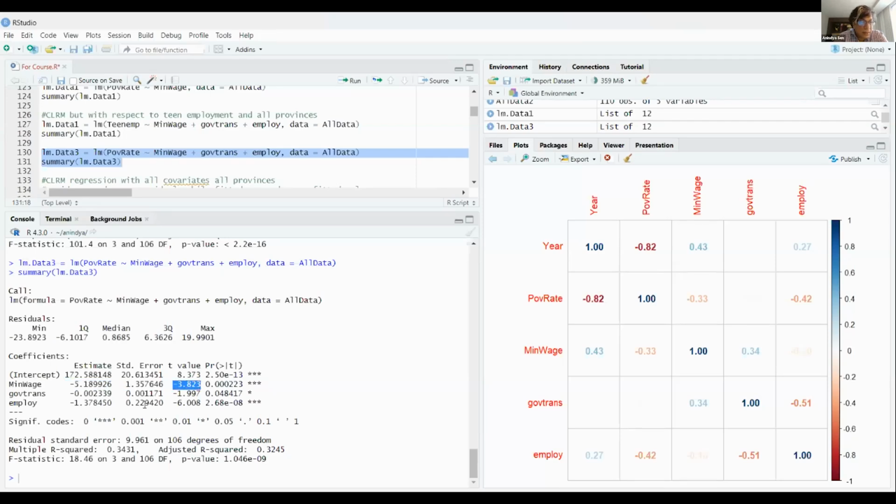Now, you see that the other variables are also important. As government transfers go up, that's telling you that the poverty rate is going down. So government transfers do matter. And the T-stat is, in absolute value, 1.99, basically 2, so that's significant.